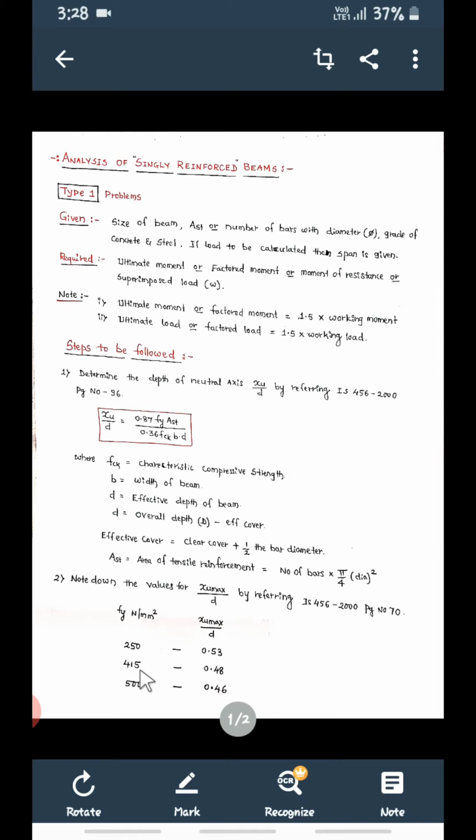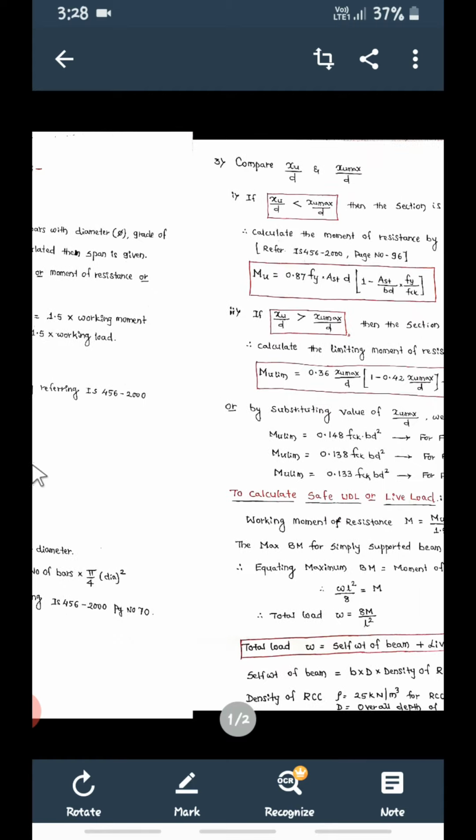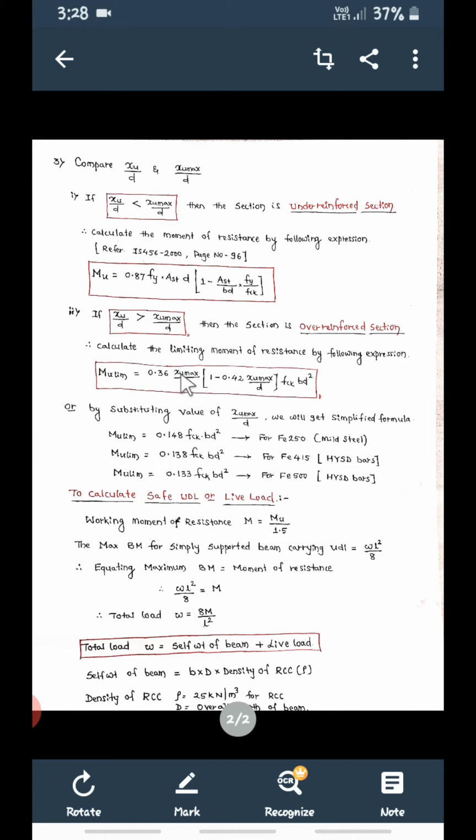If it is 415 grade steel, then I am not going to substitute 0.53 for xu max upon d. I am going to substitute 0.48 here. Then fck is known, b is known, effective depth is known.